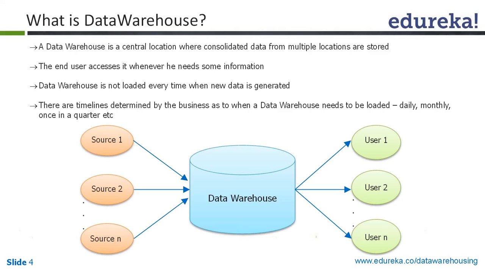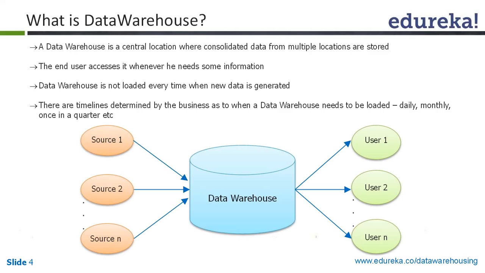At the end of the day, the end user would want data for his reporting purposes. So you create an alternate system. This is called an OLAP system. As you can see from the diagram on the first slide, there are multiple sources, source 1, source 2 to source n, feeding into a data warehouse.